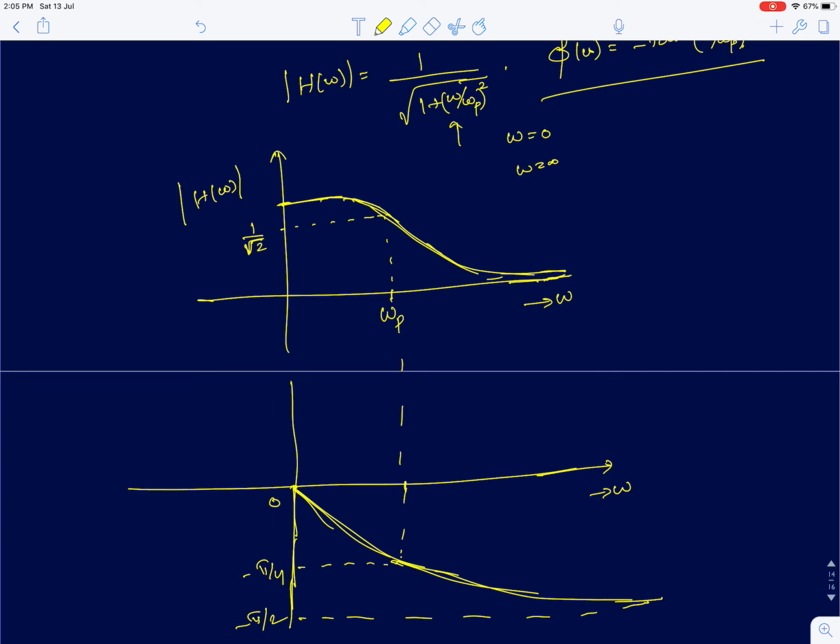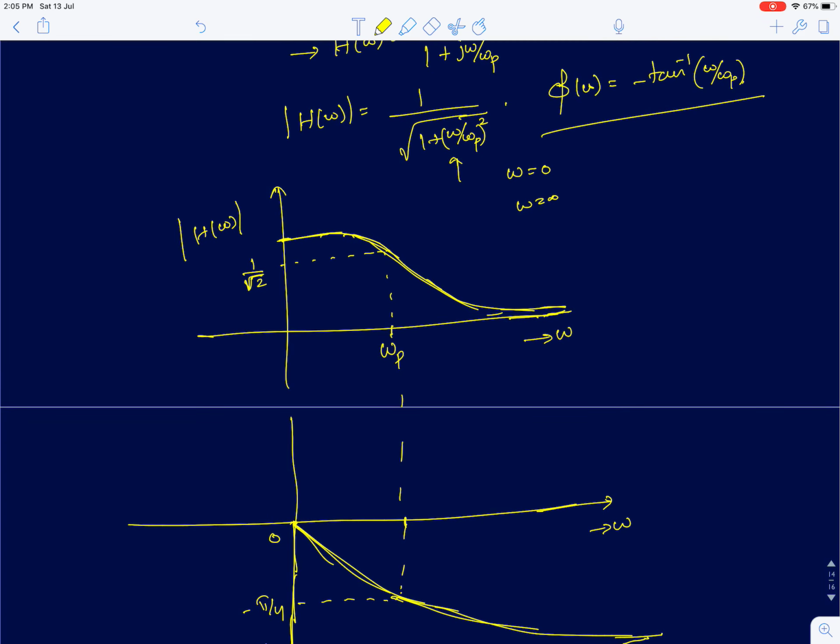Now what it means here is that if I feed a sinusoid of frequency omega p with amplitude 1, say cos of omega p t, as an input to the system, the output of the system is going to be cos of omega p t minus pi by 4, with an amplitude of 1 by root 2. So what you will get is 1 by root 2 into cos of omega p t minus pi by 4.